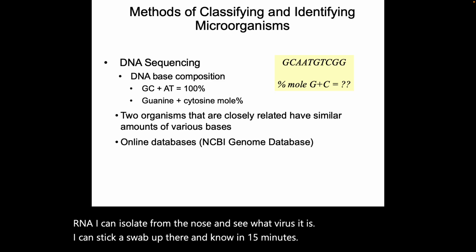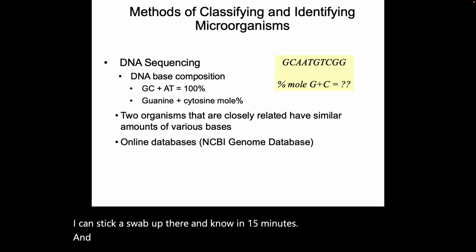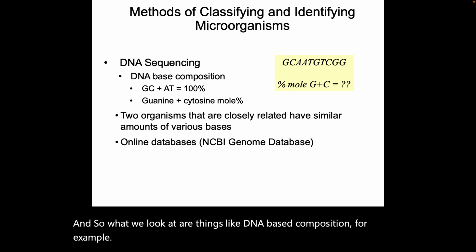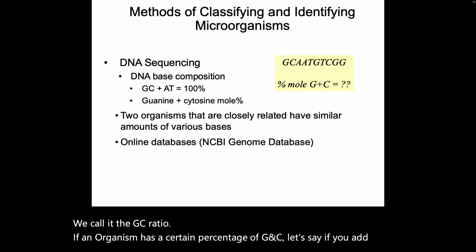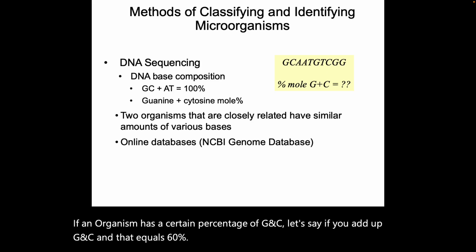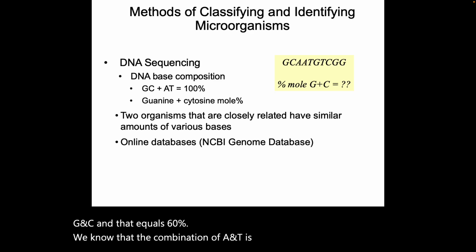And so, what we look at are things like DNA-based composition, for example. We call it the GC ratio. If an organism has a certain percentage of G and C, let's say G and C add up to 60%, we know that the combination of A and T is 40% because it has to equal 100.